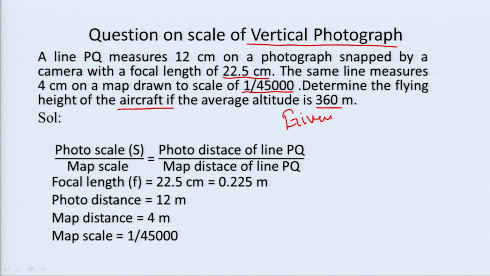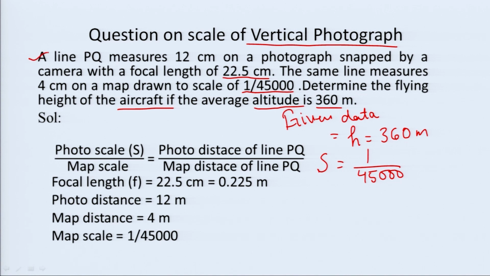first of all we write the given data. Here the given data is average altitude, that is h1, 360 meter, the scale is given, that is scale s 1 upon 45,000, and in this question a photographic scale of a camera, that is of the line that is measured 12 centimeter, and that on a map is 4 centimeter.